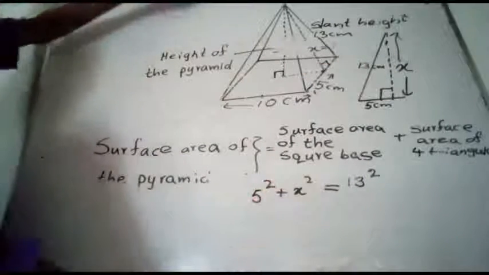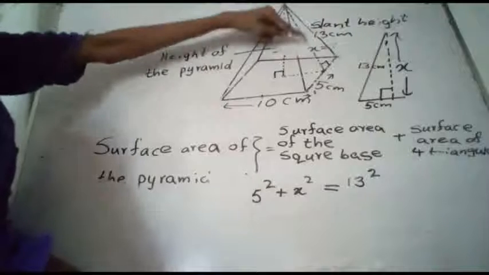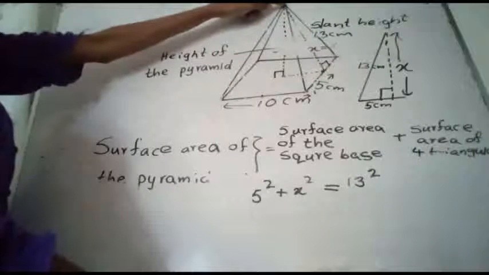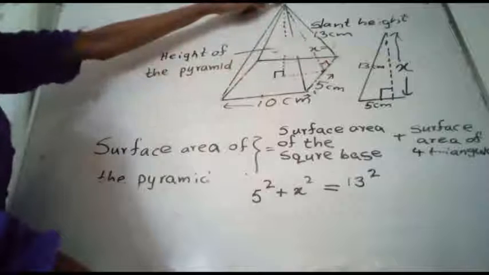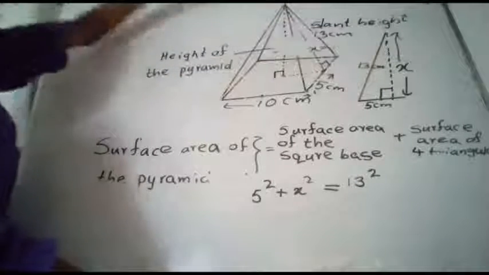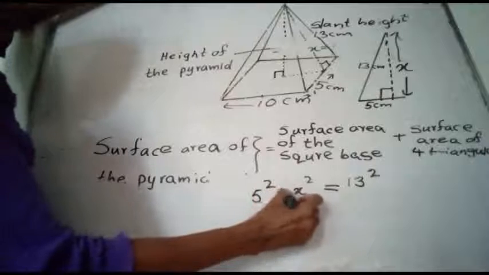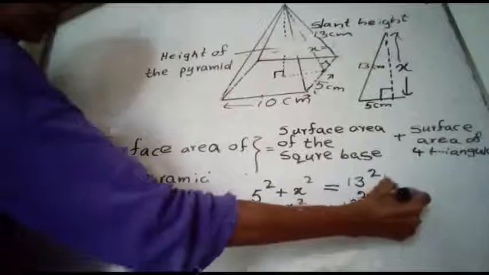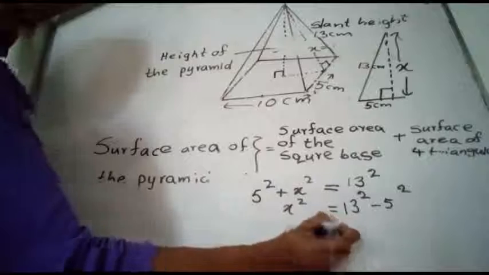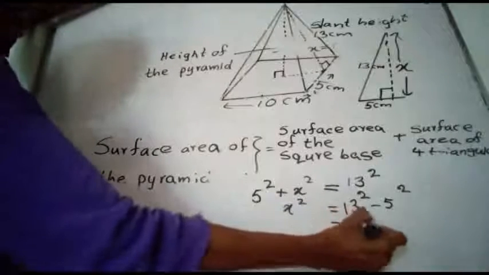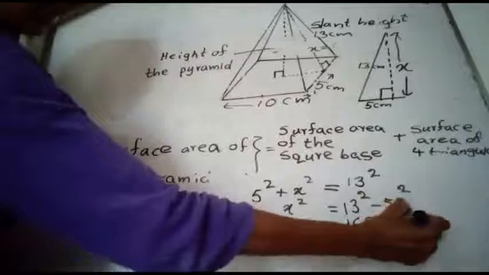The perpendicular height of this triangular surface is x centimeters. x squared is equal to 13 squared minus 5 squared. 13 squared is 169. 5 squared is 25.